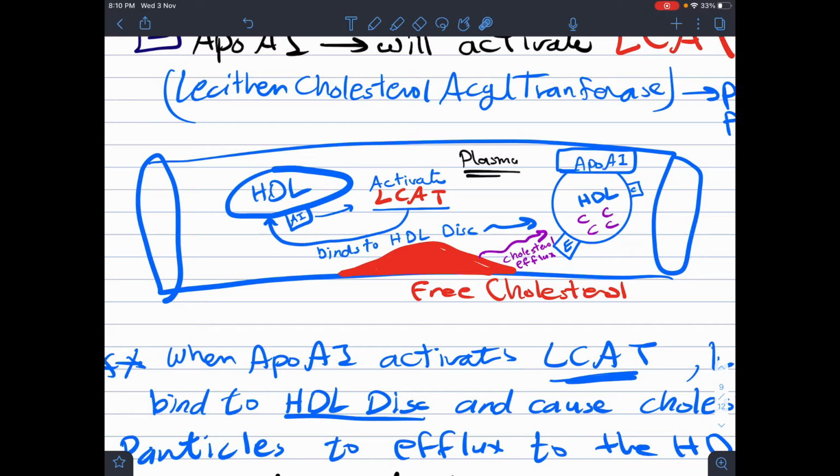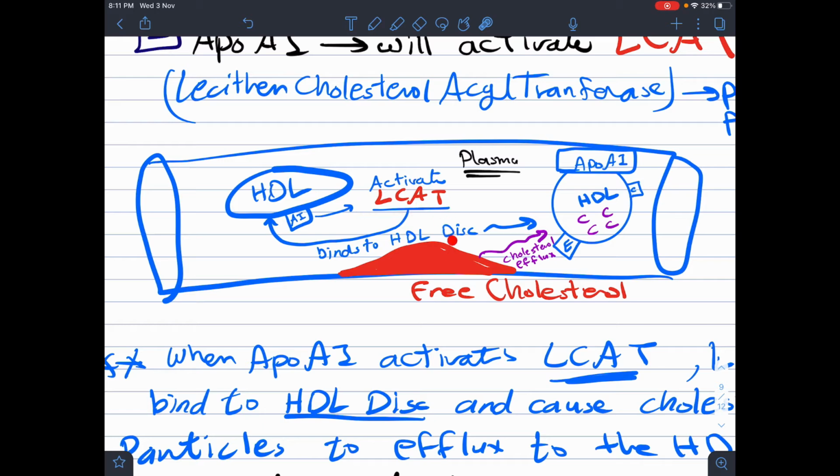Now, the discoid HDL is actually a spherical HDL, and this is the mature HDL. Okay, so let's talk about it one more time. How is HDL formed? First, the nascent HDL is a discoid shape. How did it become a mature one? Because it has the ApoA1 that activated the LCAT.